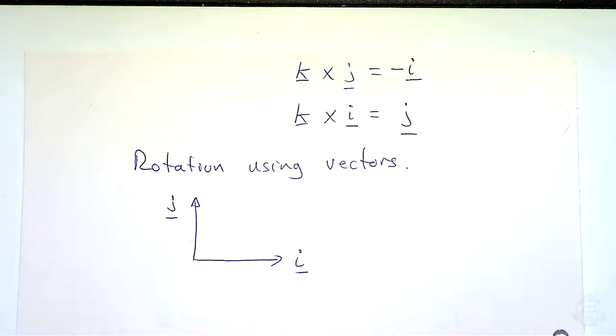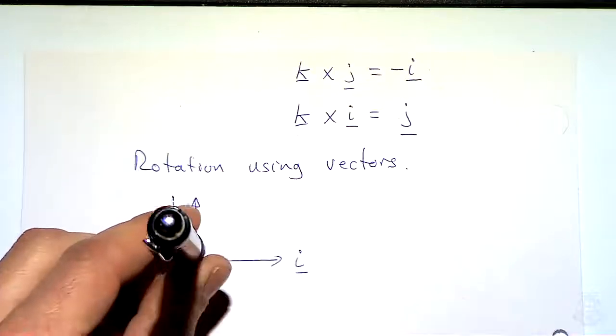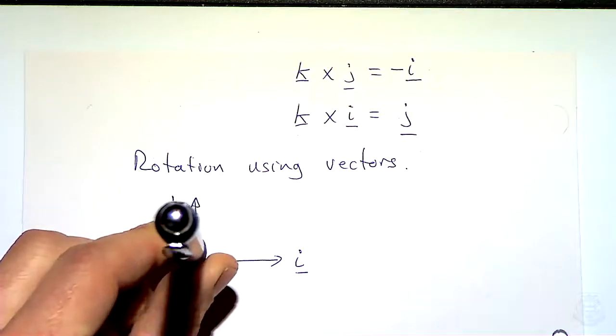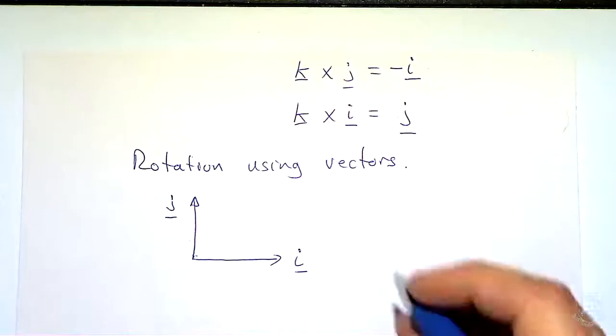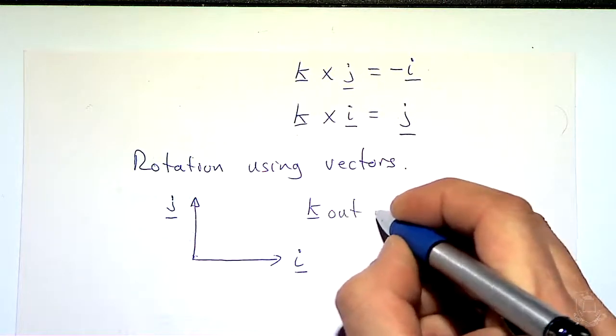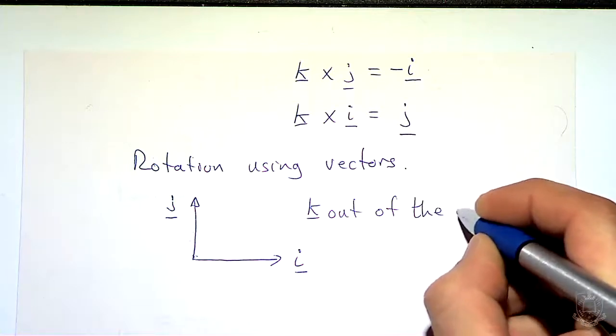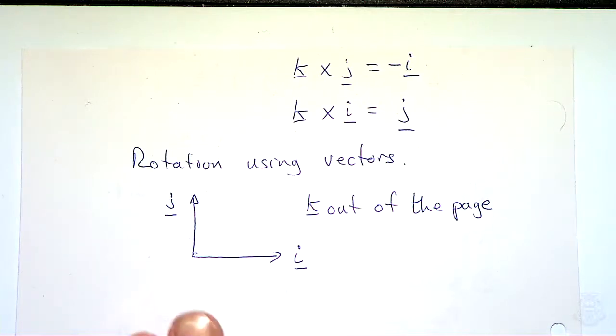Okay, but we're going to allow a rotation at the origin. Okay, so we're going to allow a rotation around this axis at the origin. Okay, so we're going to write this, and we're going to say that k is out of the page. So what it means is that I and j are in the plane of this piece of paper, and k is sticking out at 90 degrees to the page, okay, or the plane of the piece of paper that I'm writing on.